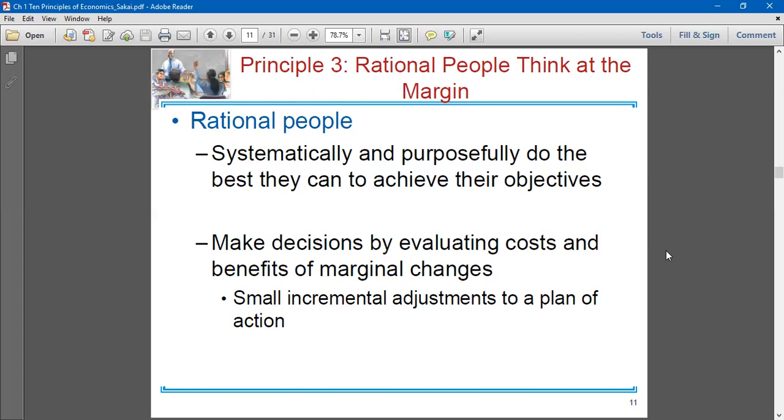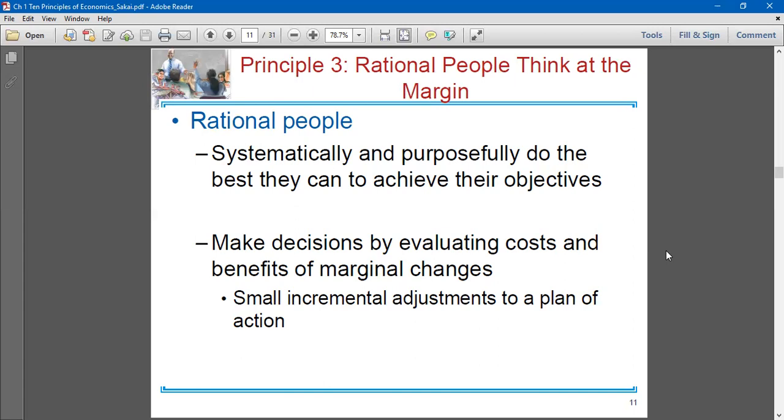Whatever decision you make, I'm sure you've decided to attend this tuition because you want to pass. That's your objective, so you are taking steps that are going to help you achieve that aim. Here we assume you are a rational human being because you are taking systematic steps in order to achieve your goal or objective.